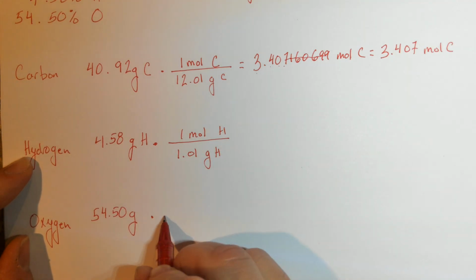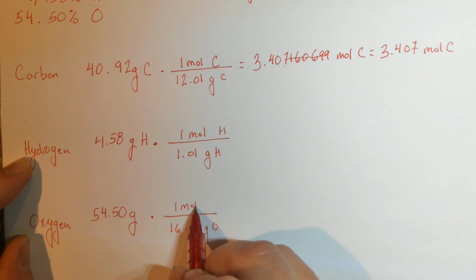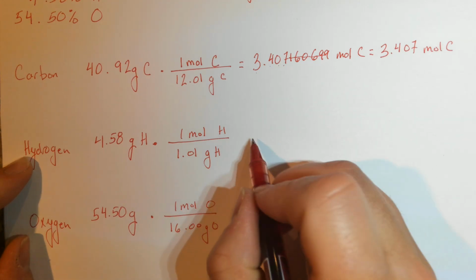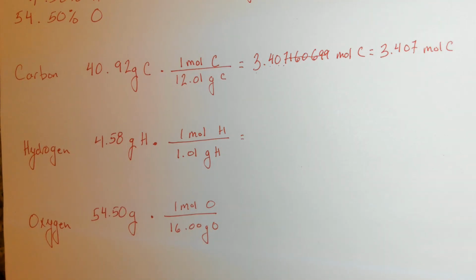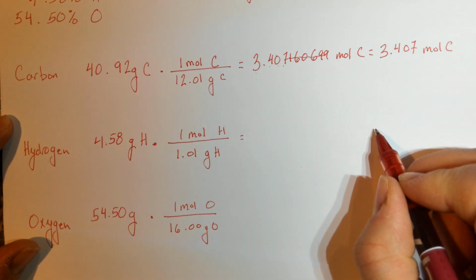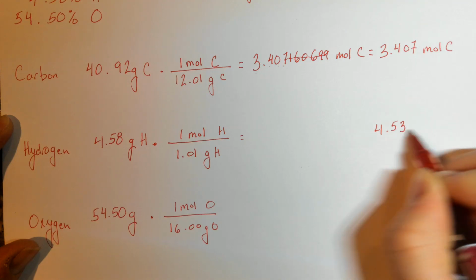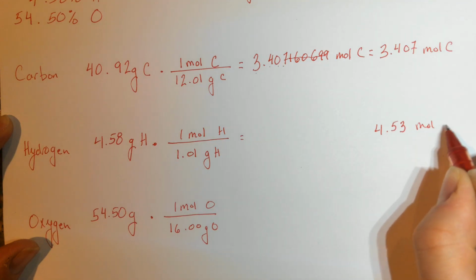And we've got 16.00 grams of oxygen for every 1 mole of oxygen. Great, we plug these into our calculator, 4.58 divided by 1.01, and we'll get 4.53 moles of hydrogen.